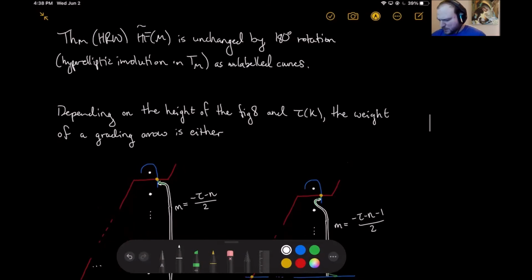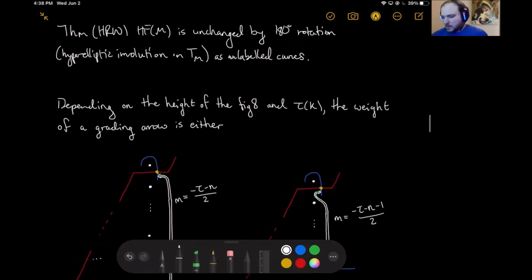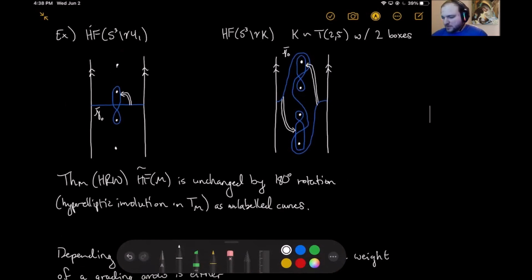Okay, so we sort of have all the information from this example, except the weights of these grading arrows are unknown. And we do need to use that if we hope to appeal to anything involving the Maslov grading.